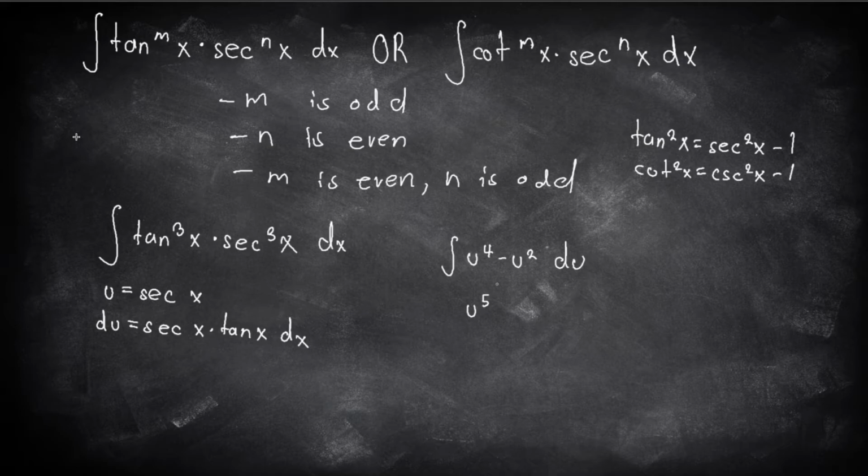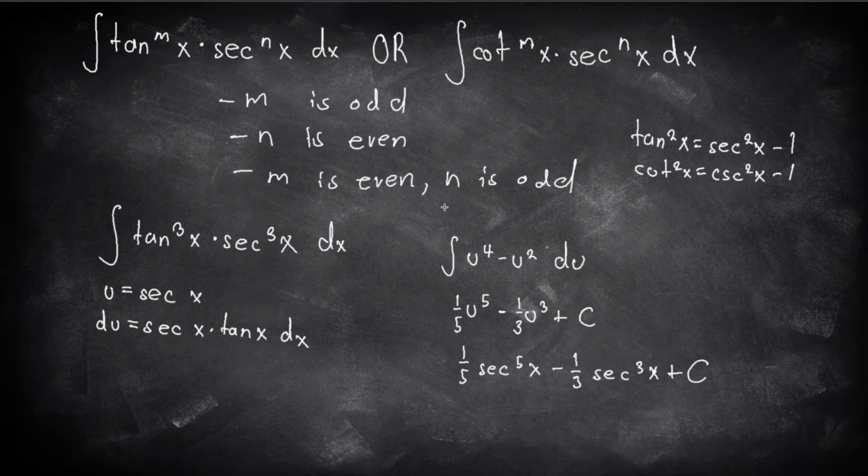The derivative of this is 5u to the fourth, so when you scale by 1/5, we get u to the power 5 over 5. Then u cubed: the derivative is 3u squared, so when you scale by 1/3, remember to add the c. Now we need to substitute our u, secant of x, back in. So 1/5 secant to the 5th x minus 1/3 secant cubed x plus the c.